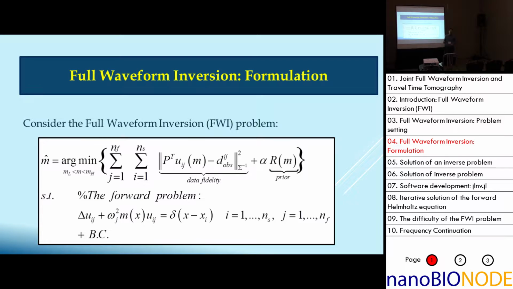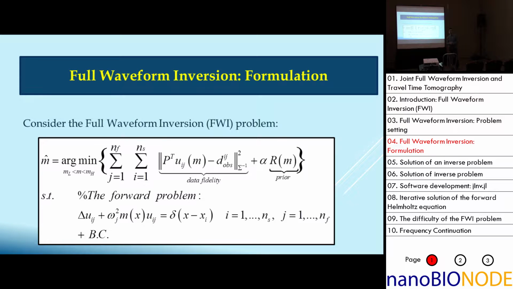D_ij observed is the data for a source i and frequency j that is given, and P transpose projects u, which lives all over the domain, to the location of the receivers, and we wish to minimize this data fidelity term.